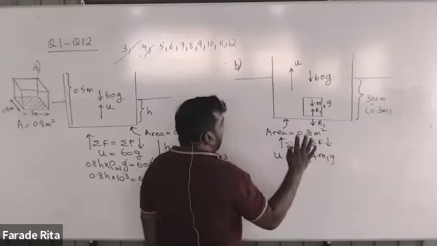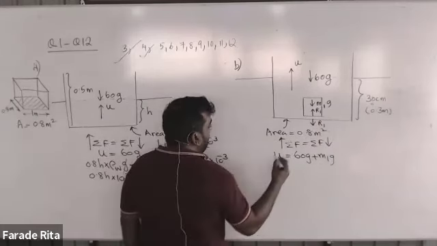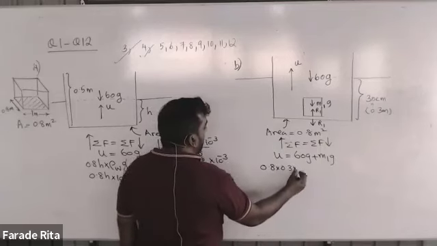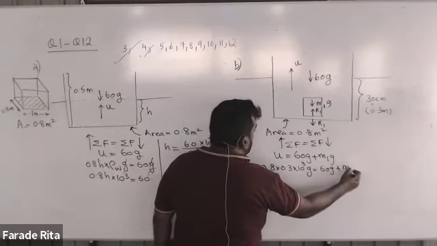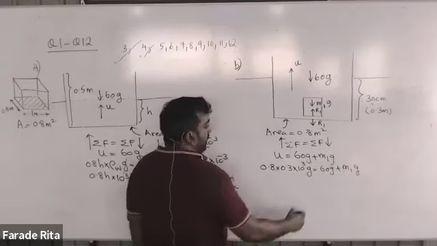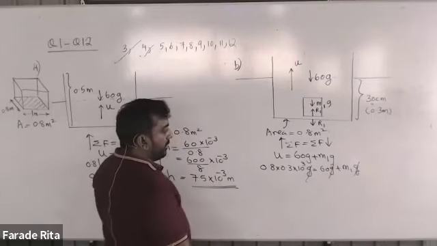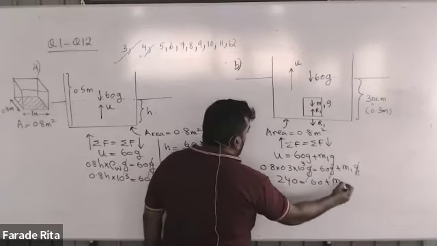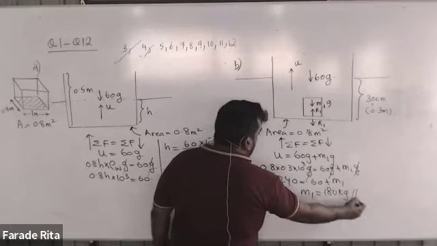This R1 will cancel out. Submerged volume: area into this height, 0.3, density of water into G, equals 60G plus M1G. All the G values cancel out. How much will you get? 240 equals 60 plus M1. So M1 is 180 kilograms.